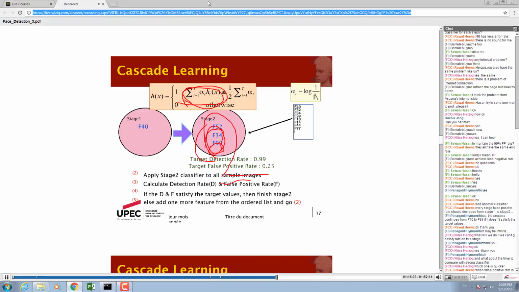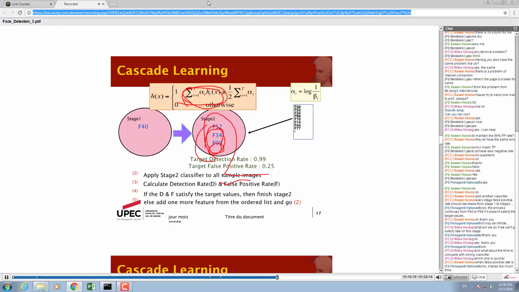So Lisa has another question. What about the time compared with the strong classifier? You mean the speed? If you are talking about training time, it definitely takes more time to do the cascade. It's a long process. That's why cascade training takes a long time, sometimes some days, actually.